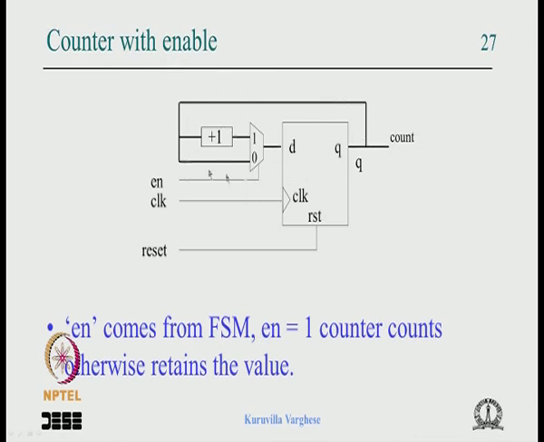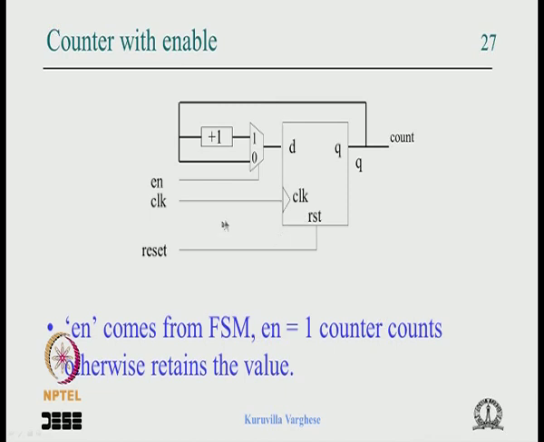So definitely there is some hardware, but timing wise it is very neat, and we know how to write a VHDL code for it. So we write a process because we know that a single process will work for the registers preceded by some combinational circuit.